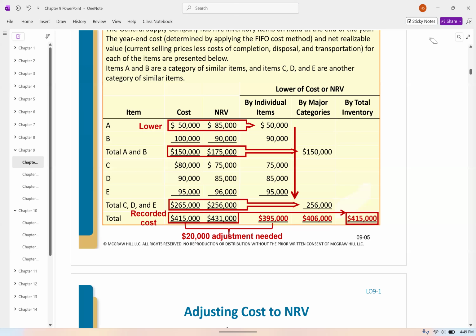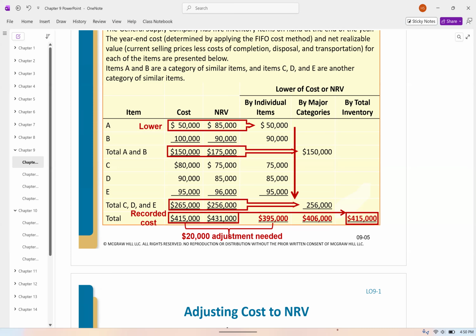So the categories help offset. You can see right here on that first one, totaling A and B together, the gain up here in item A, not really a gain, but that difference, offsets this one by more than what we're carrying it.